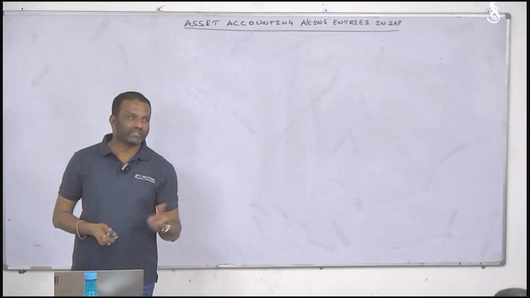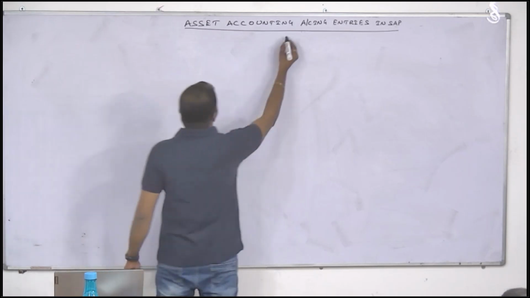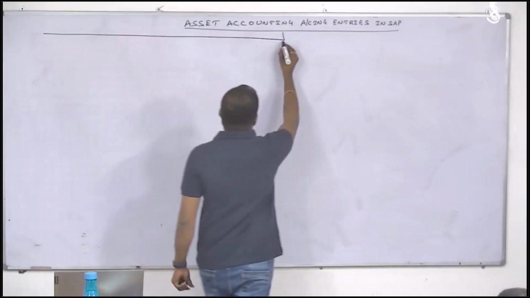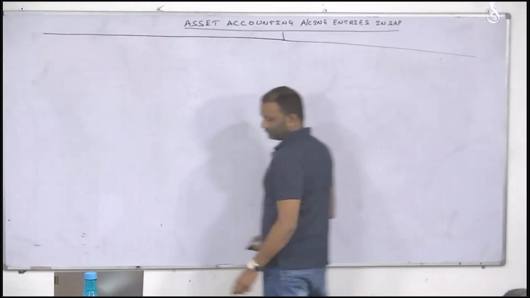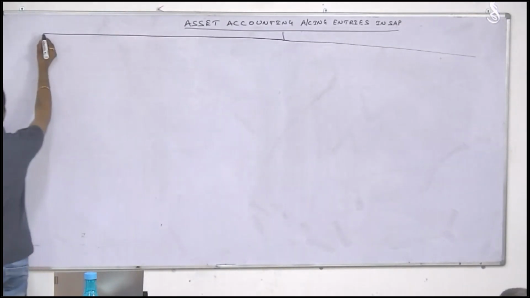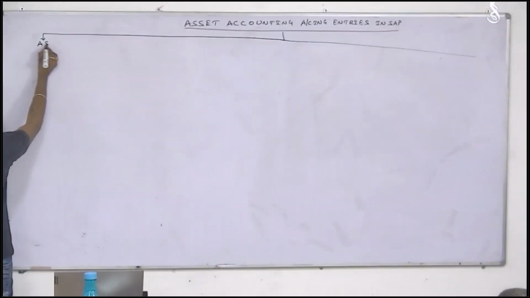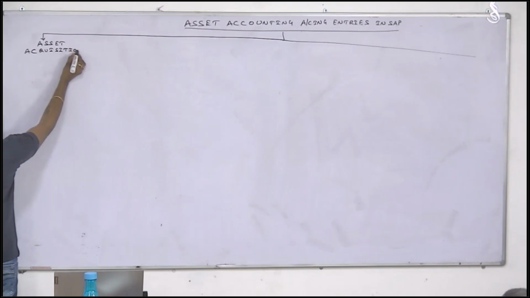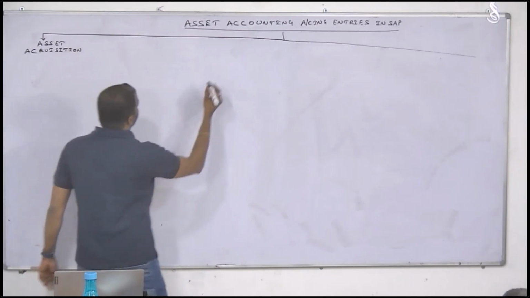Coming to fixed asset accounting. What is the first one? Asset acquisition. What is the second one?